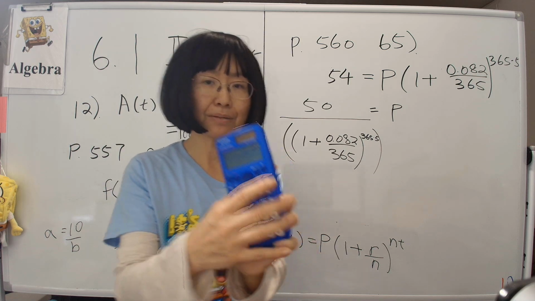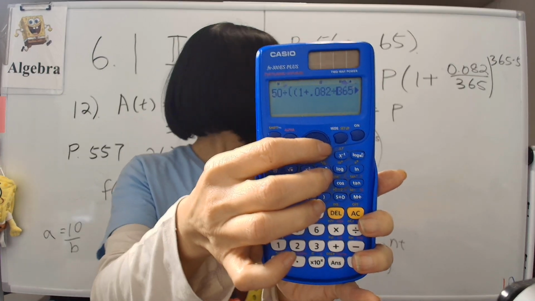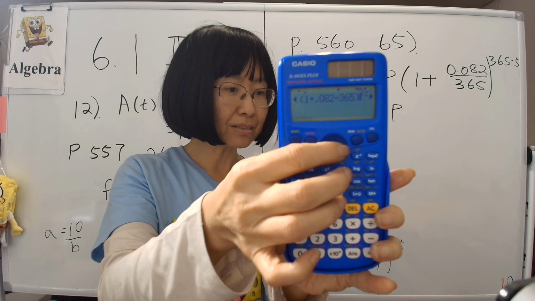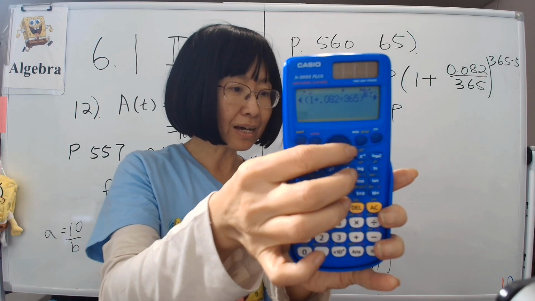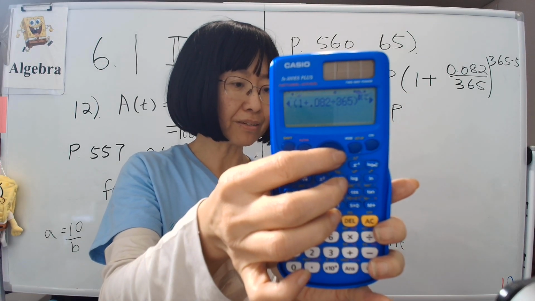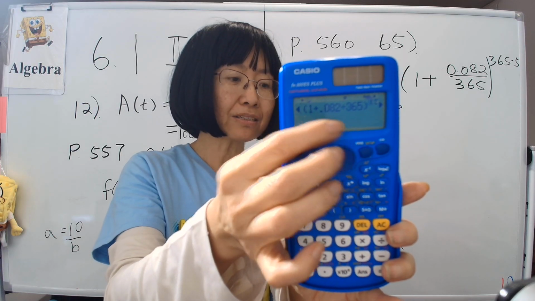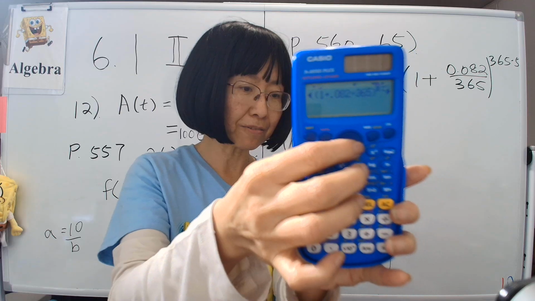Let me show you what I typed in. I have 50 divided by 2 parentheses, and then the first one is 1 plus 0.082 divided by 365. The calculator knows how to do division before addition, so you don't need parentheses for that in any scientific calculator.